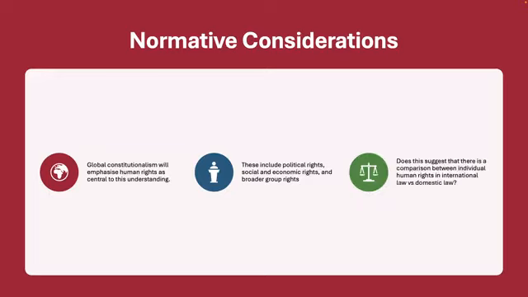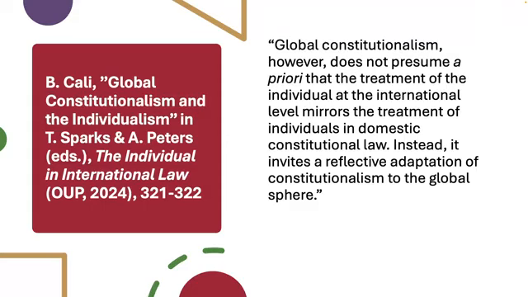And so does this suggest that there is a comparison to be made between the individual in human rights in a domestic setting and the individual in human rights in an international legal setting? Well, luckily for us, a couple of years ago, an entire book was written on this issue of individuals and their relationship with international law, edited by Sparks and Peters.